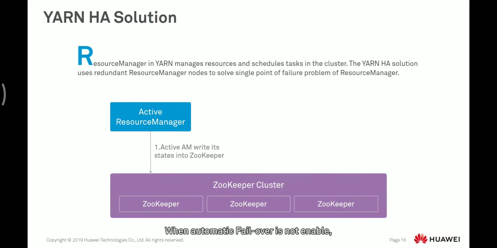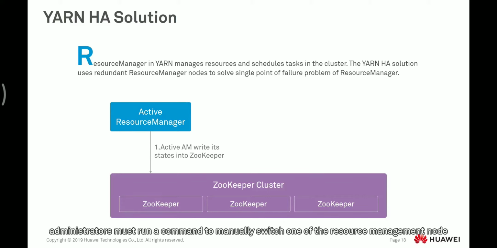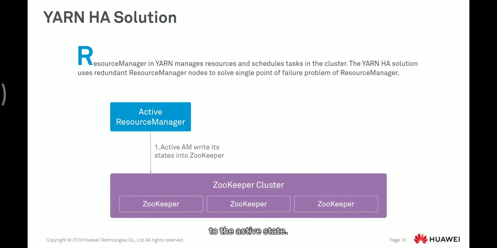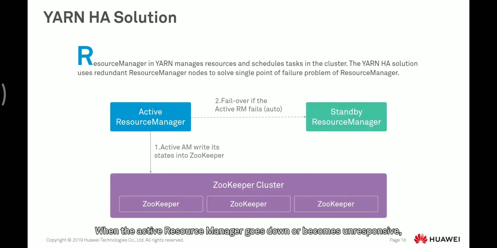When automatic failover is not enabled, administrators must run a command to manually switch one of the Resource Manager nodes to the active state. When the active Resource Manager goes down or becomes unresponsive, another Resource Manager is automatically elected to be the active node that then takes over services.